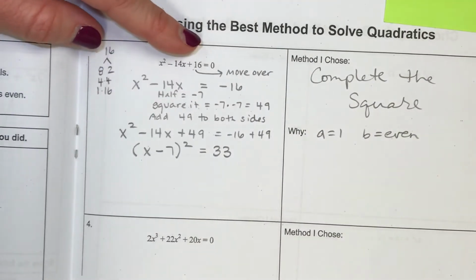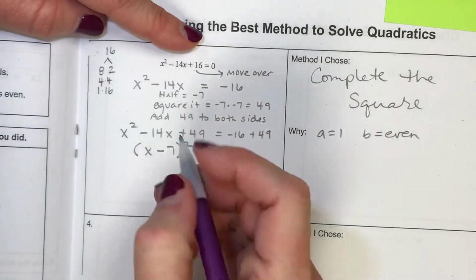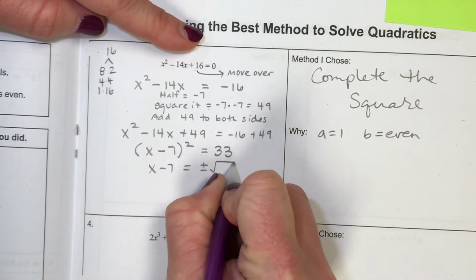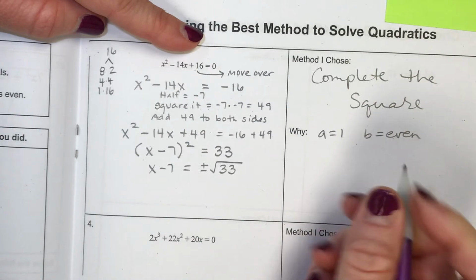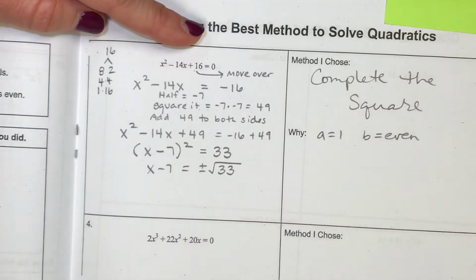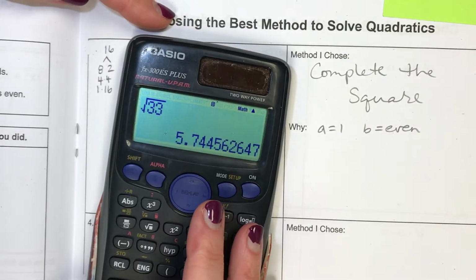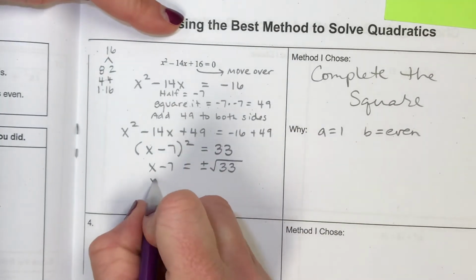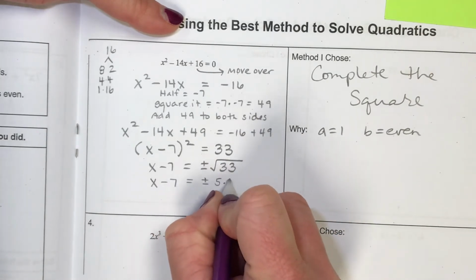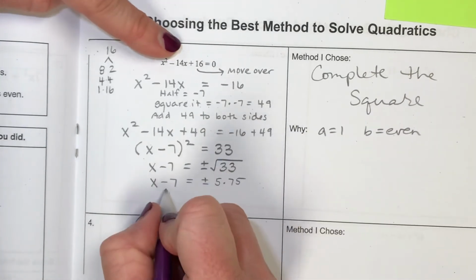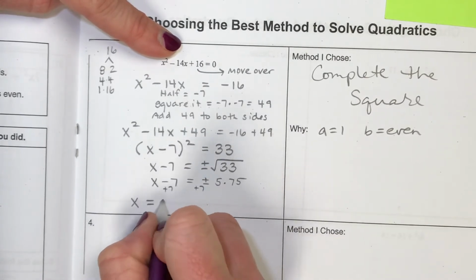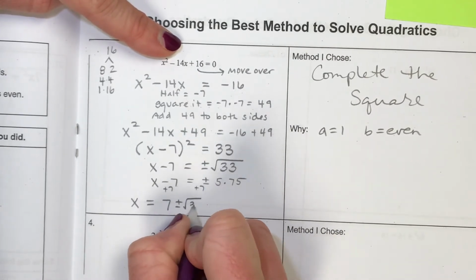So now I can apply the square root to both sides. And don't forget that we want a plus or minus here. And I'm going to get the decimal for this. So square root of 33 with my calculator is roughly 5.75. And then I'm going to add 7 over. So I have x equals 7 plus or minus the square root of 33.